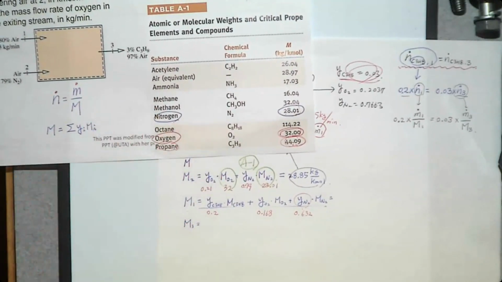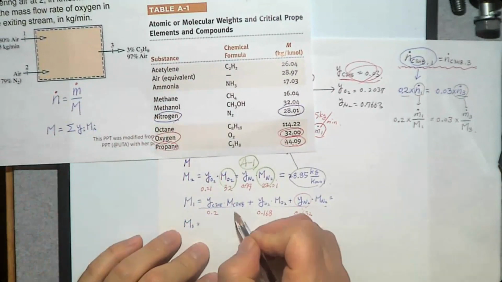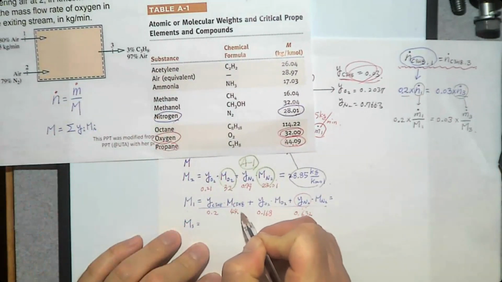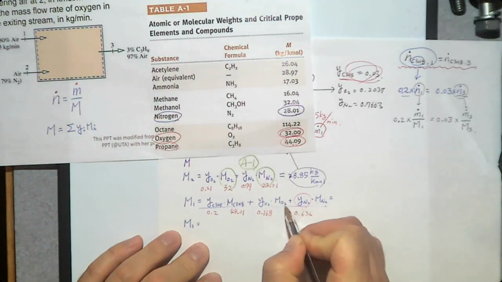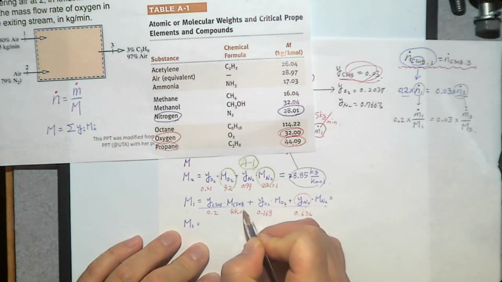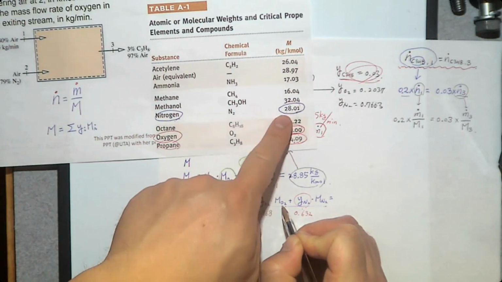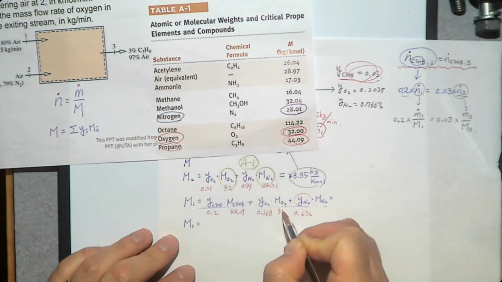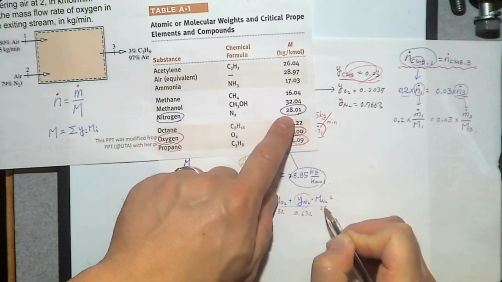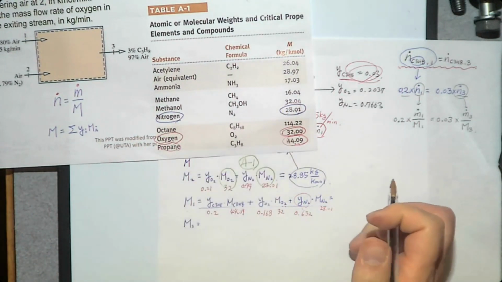So we have propane 44.09, oxygen 32, nitrogen 28.01.